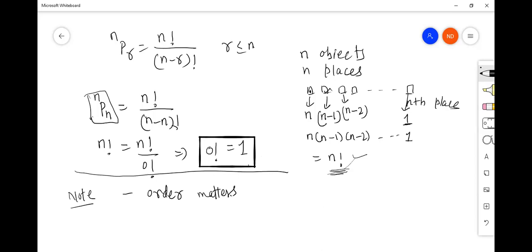It means ABC, BCA, CAB are three different arrangements, right? Now here, unless it is mentioned, we have to consider it is without repetition. Whenever we take nPr equal to n factorial by n minus r factorial, it means arrangement without repetition.